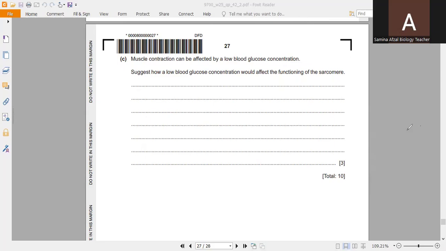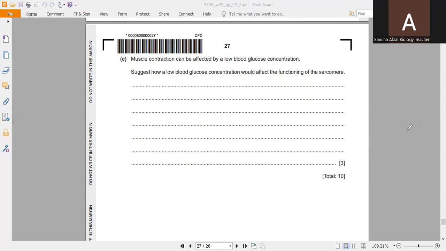A lack of energy means the myosin heads cannot effectively pull the actin filaments toward the M line, leading to weaker or failed contractions. ATP is also needed for the active transport of calcium ions back into the sarcoplasmic reticulum.